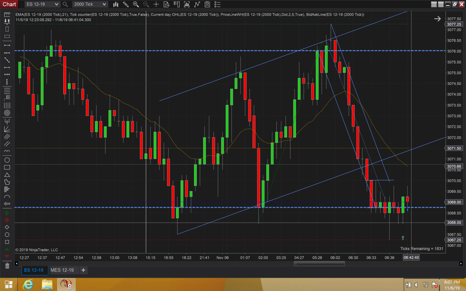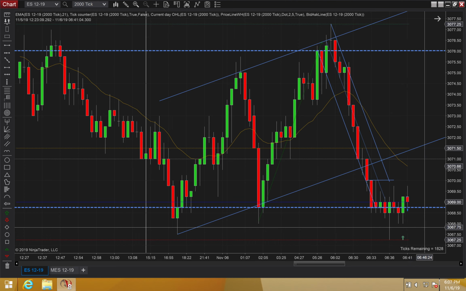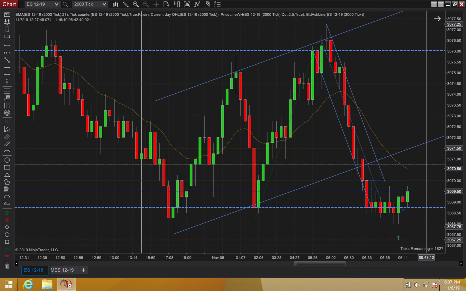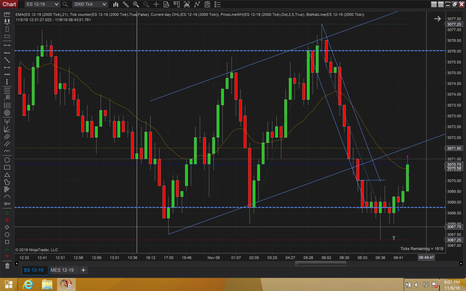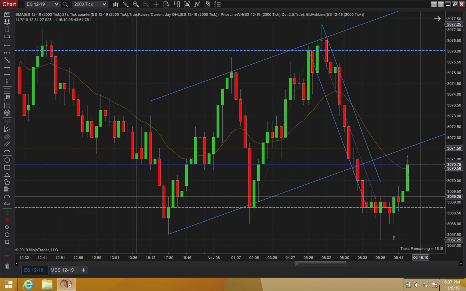Your stop needs to be below this signal bar, one tick. So that'd be 3067.75. If that's where my stop is, I just wait. Cool. And it never breaks below in the first place, so that's dope. I get my scalp out just before the EMA, and I have a second contract.